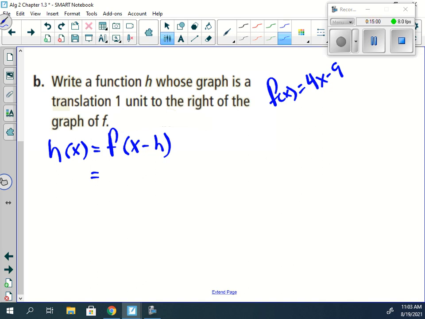So what is our value of h? 1, and it would be positive. The value that we plug in is positive, but what we end up with is x minus 1, because the value of h is positive, but because of how the function works, it looks negative now.